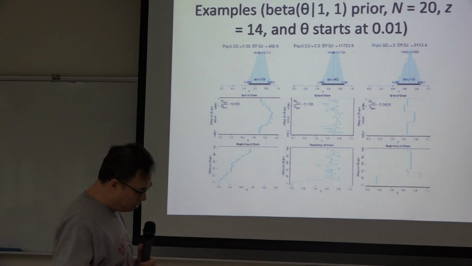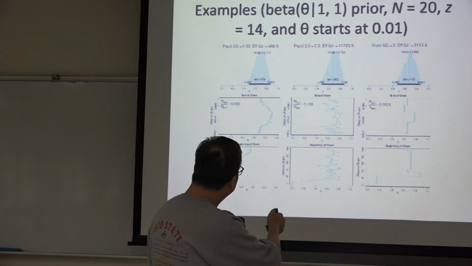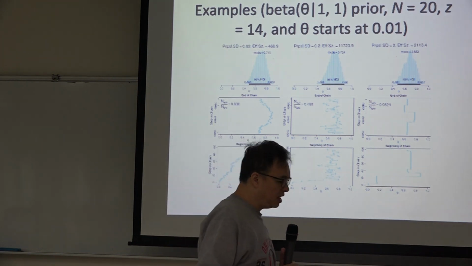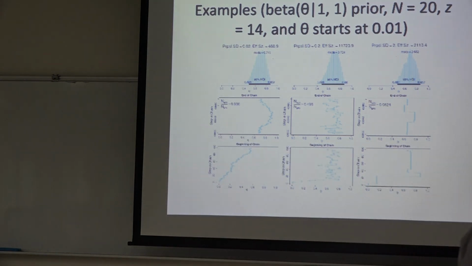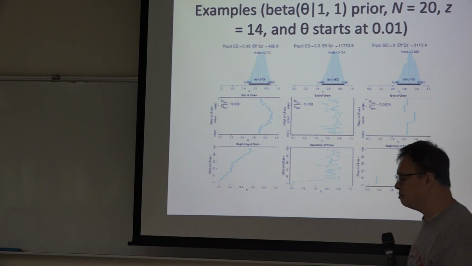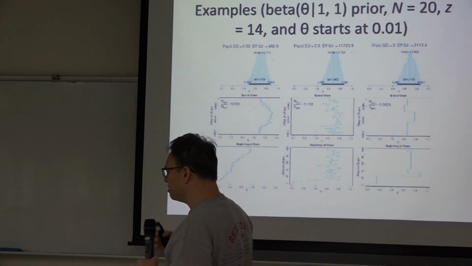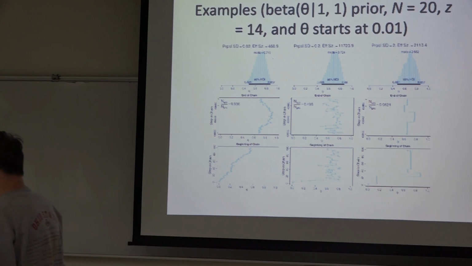And I already told you that the middle column, which has a median standard deviation setting, provides the most effective sampling, when compared with the low standard deviation or high standard deviation settings.